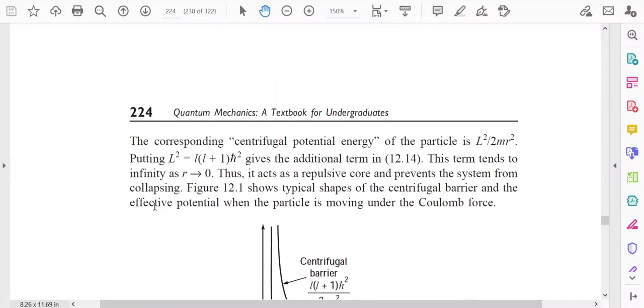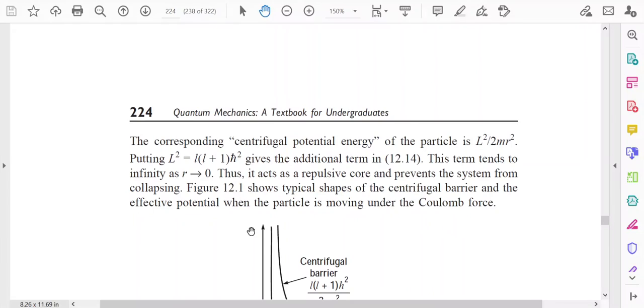If the particle gets very close to the axis, this potential term becomes repulsive, and it prevents the system from collapsing, because if the particle merged with the axis, the system would collapse.